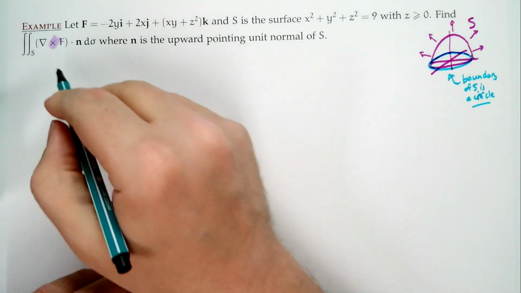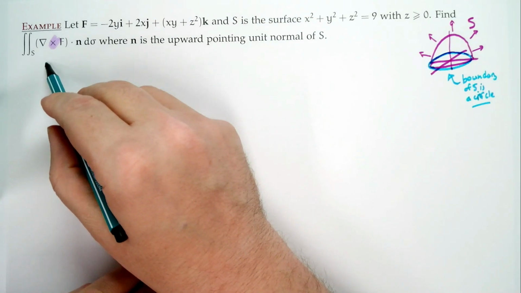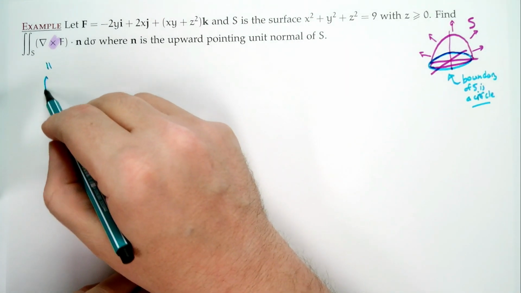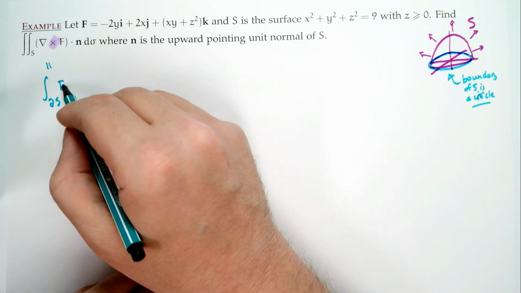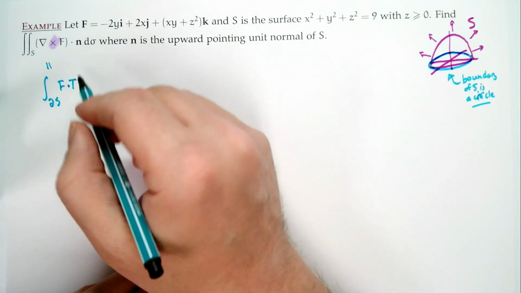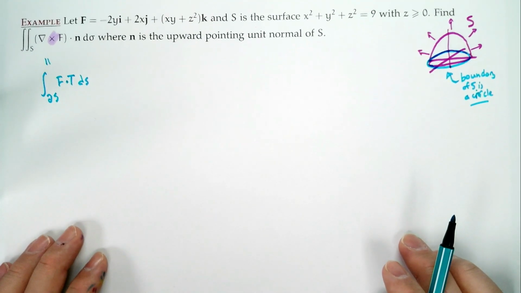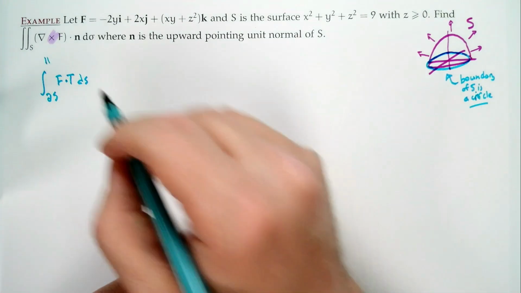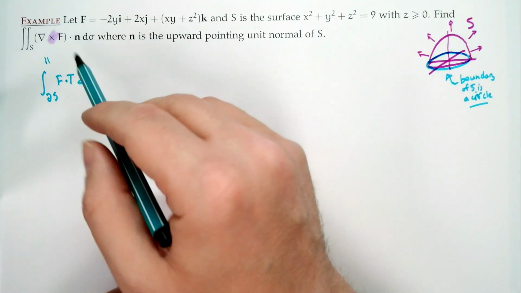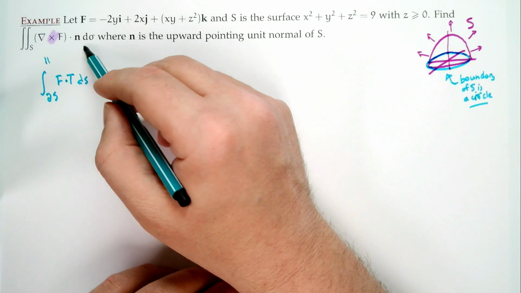One is to say by Stokes' theorem, this is the same as the integral along the boundary of S of f dot T ds. So that's option number 2. First option being do the integral they gave you. Not going to do that.